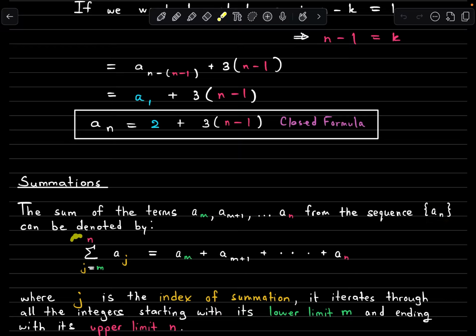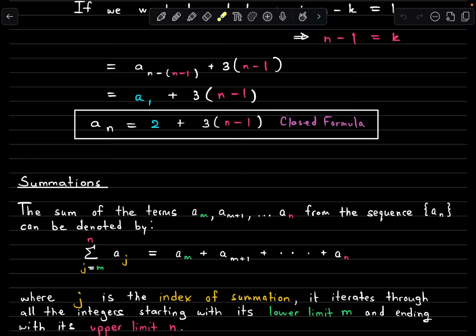We can denote this by this sort of notation. We've got the Greek letter sigma here, and this means sum in mathematics. J is my index. It's going to start at m, and we're going to go all the way up to n. So this is your minimum, your starting value for your index. N is your maximum value for your index. That tells us how many terms we're adding, and which terms.